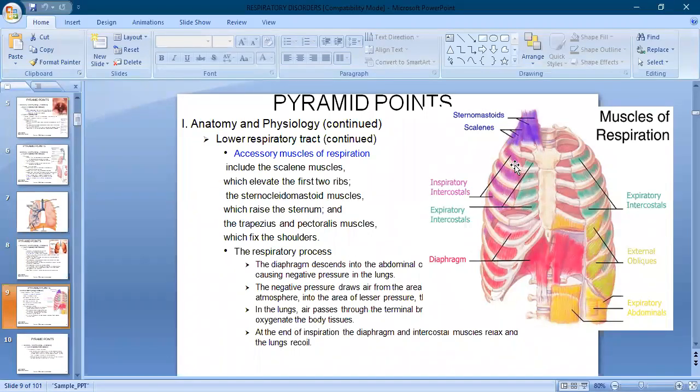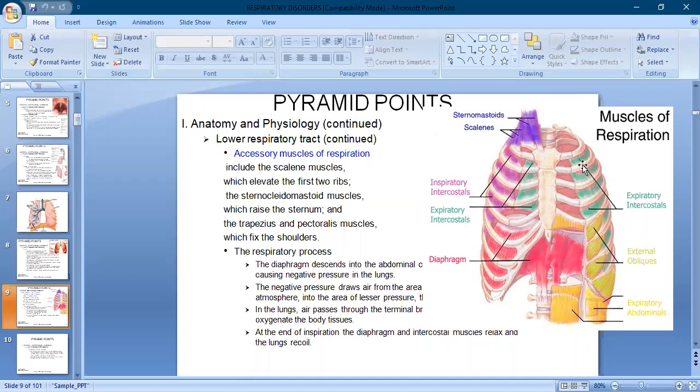These are the ribs, right? The muscles in between the ribs are called intercostal muscles. Costal means ribs. Some are internal and some external. This one is called the inspiratory intercostal, and this muscle is called the expiratory intercostal, meaning this muscle helps during inspiration, and this muscle helps during expiration.